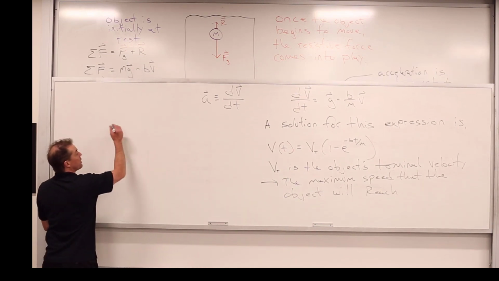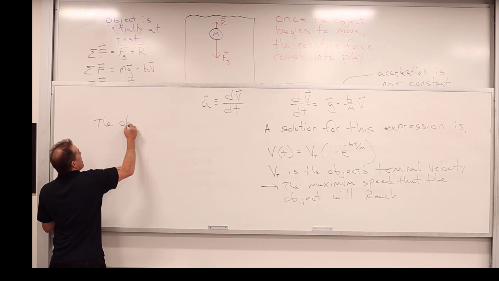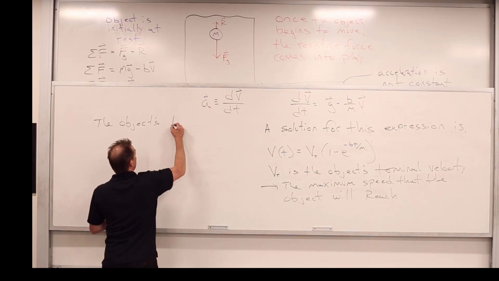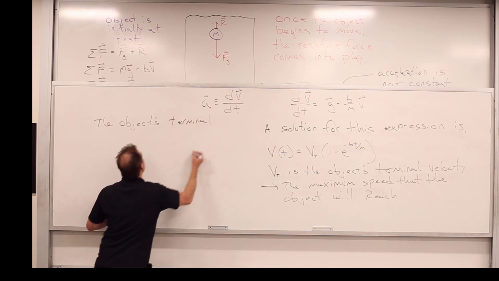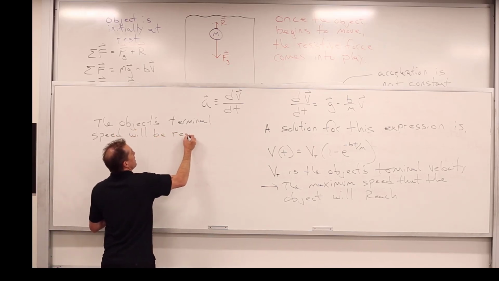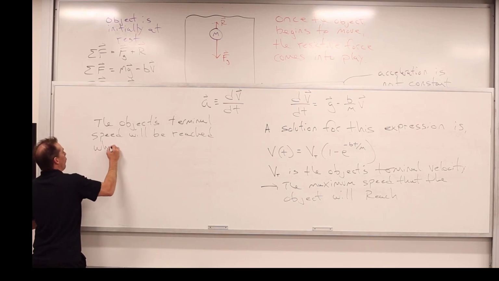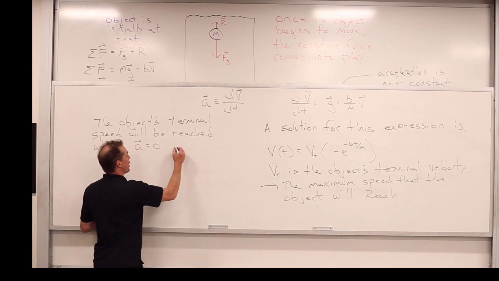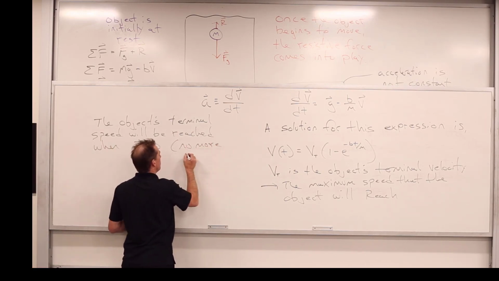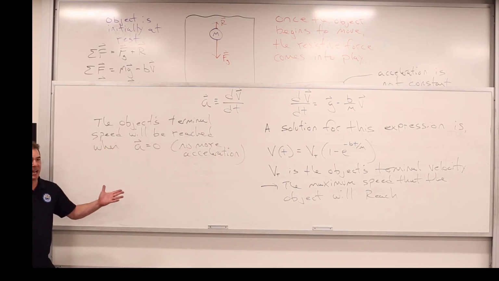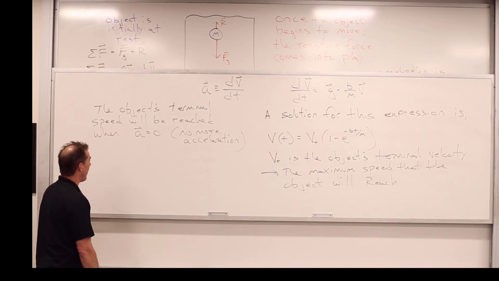So the object's final speed, or the object's terminal speed, will be reached when a hat is equal to 0. No more acceleration. If there's no more acceleration, we've got the velocity is constant, and that's what we define as the terminal speed of the object.